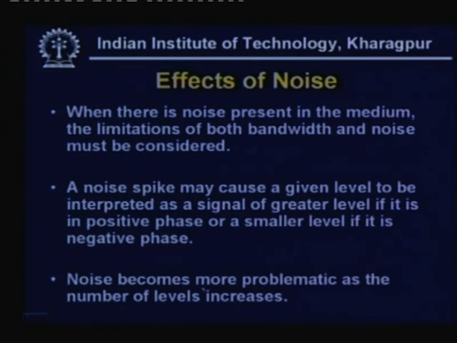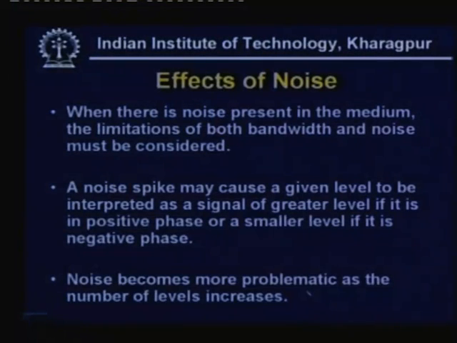Particularly, noise becomes more problematic as the number of levels increases. So if we have only two levels, 0 and 1, which is represented by 0 volt and plus 5 volt, then the problem is less. We can tolerate up to maybe plus minus 2 volt of noise. On the other hand, when we are using say 4 levels, we divide 5 volt into 4 equal parts, and it will be more susceptible to noise.